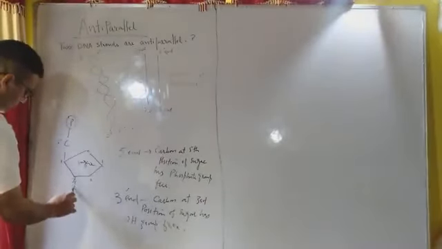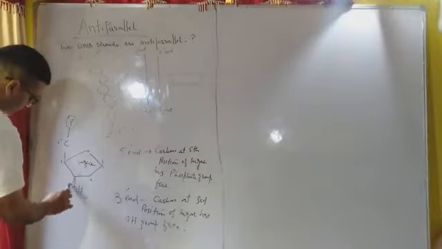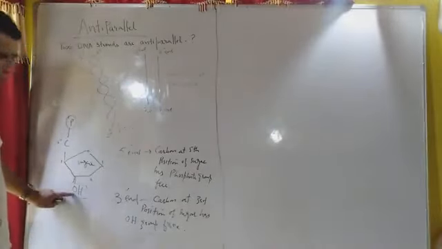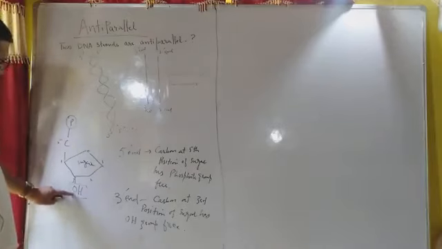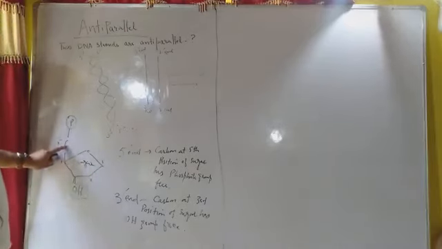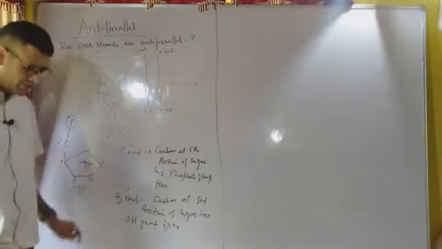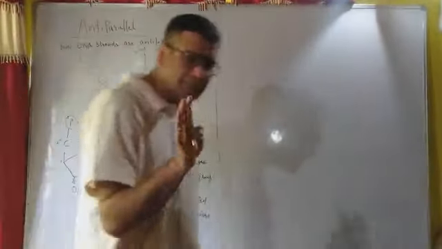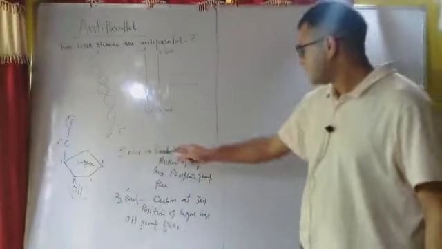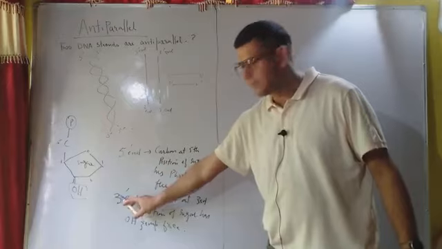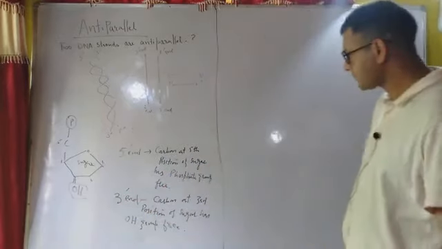This is third. This is the hydroxyl group. This is the phosphate group. The hydroxyl group is always present at the carbon third of the sugar, and the phosphate group is present at the carbon fifth of the sugar. So these 3' and 5' basically represent the carbon: 5 represents the carbon at fifth position, and 3 represents the carbon at third position of the sugar.